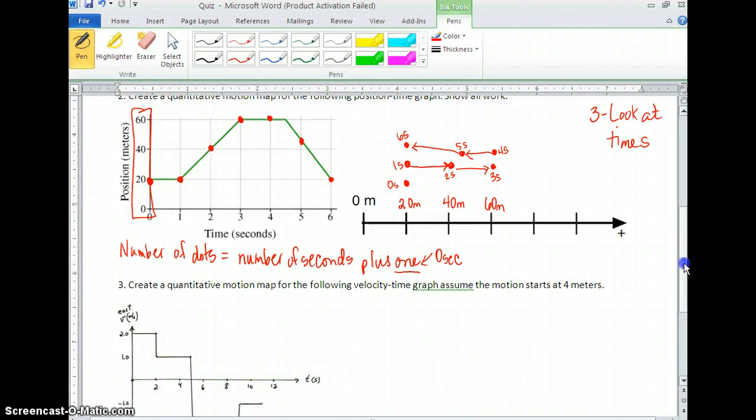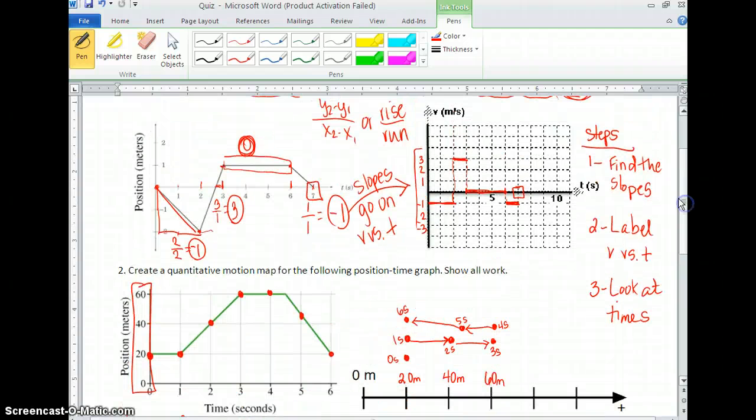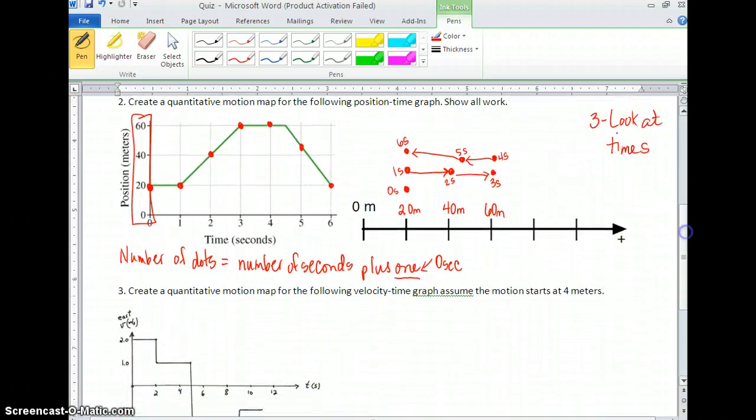So things to help us with motion maps. Just like we created steps up here for these, let's create some steps or think through this problem. So steps that we can do for our motion maps. Step number 1 is going to be put a dot at each second. So that was the first step we did.